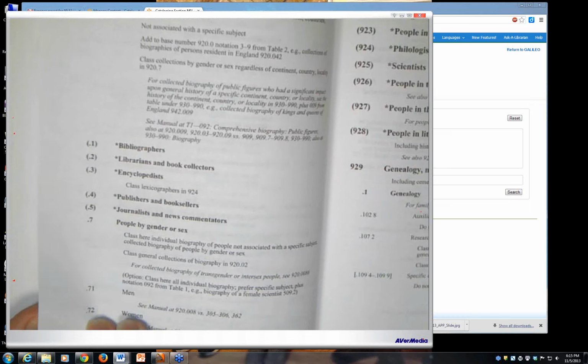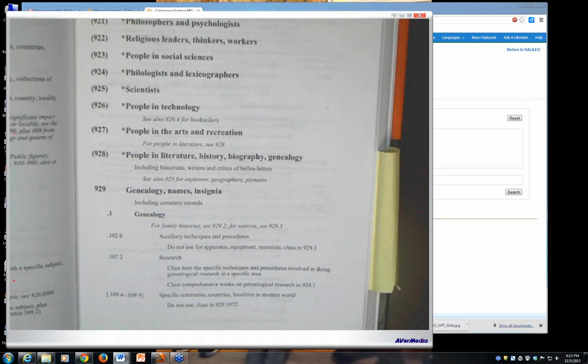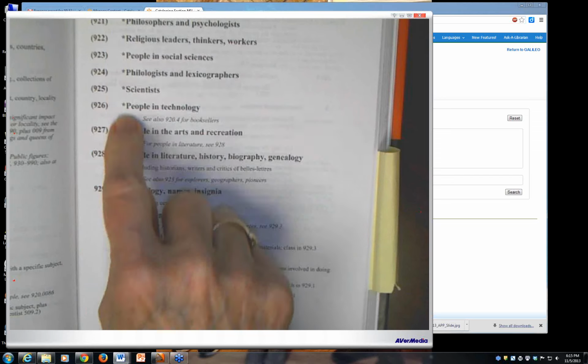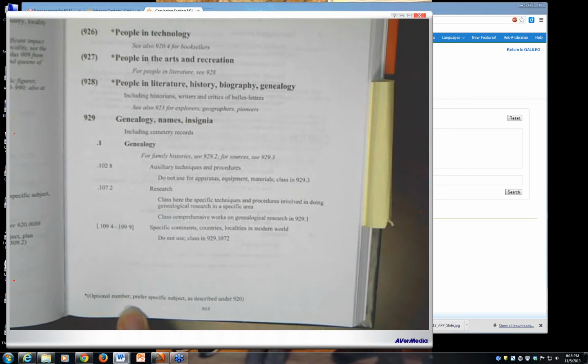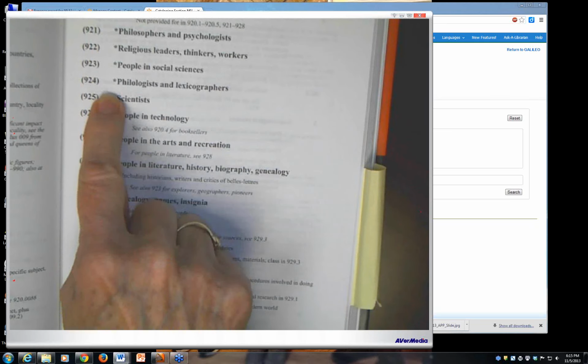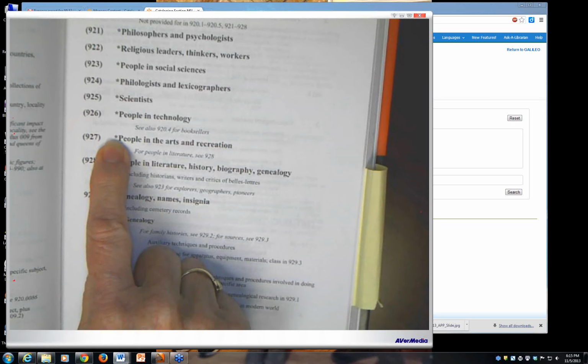You may want to put them in 920s. If you look at 921, 922, 923, this is another area that is an optional number. If you notice, there are asterisks at the bottom, optional number, it says prefer specific subjects as described under 920. So you can use all of this breakdown of numbers where you would place somebody like Michael Jordan.